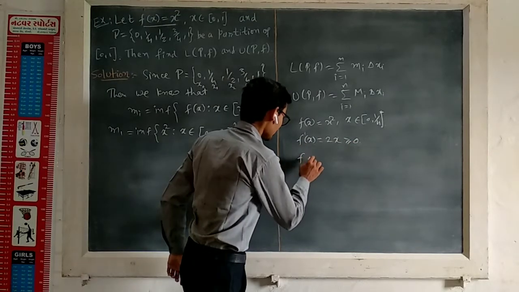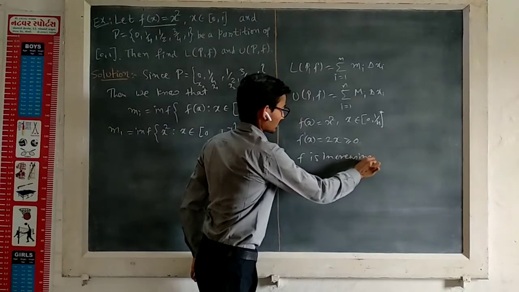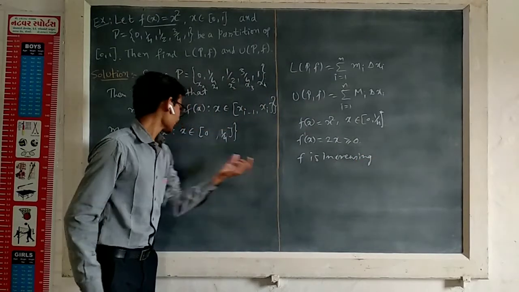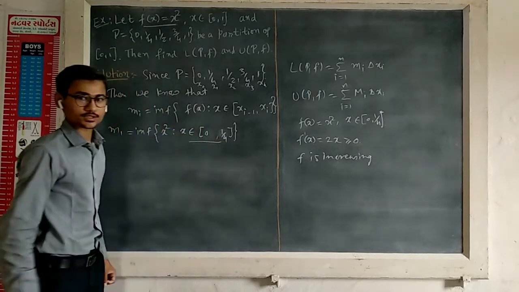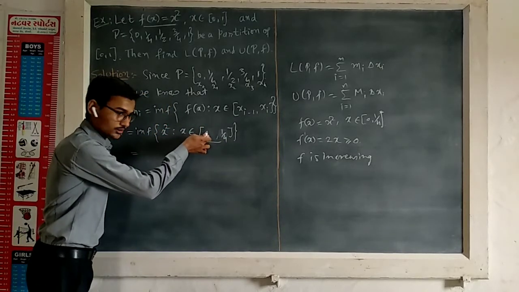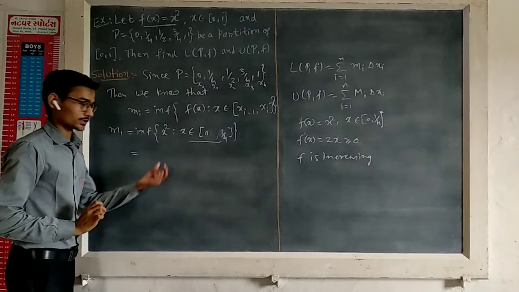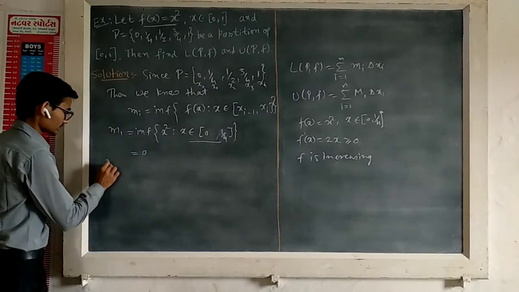Therefore f is increasing. If the function is increasing, then the infimum of x square is the minimum value of that subinterval, which is 0. Replace x with 0. The value of m1 is 0.